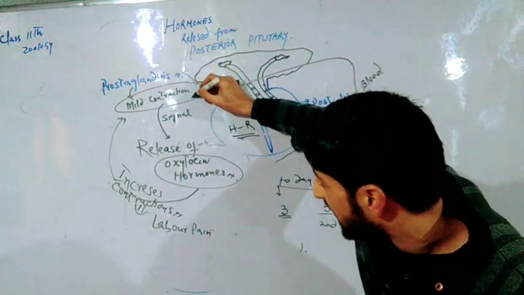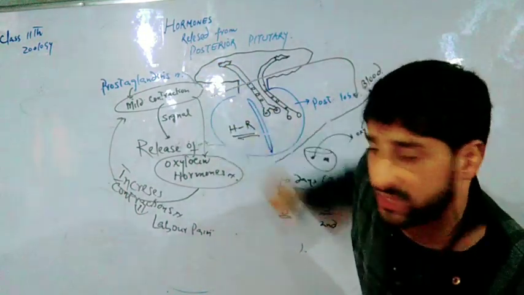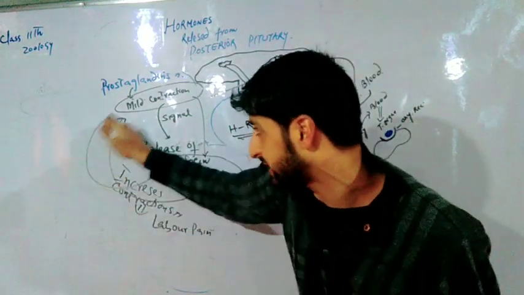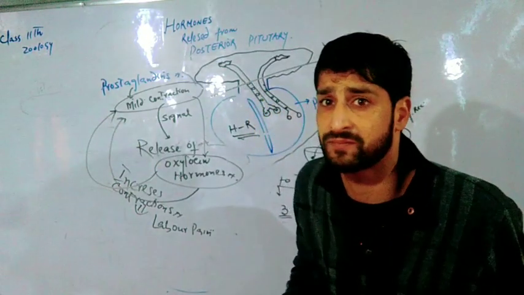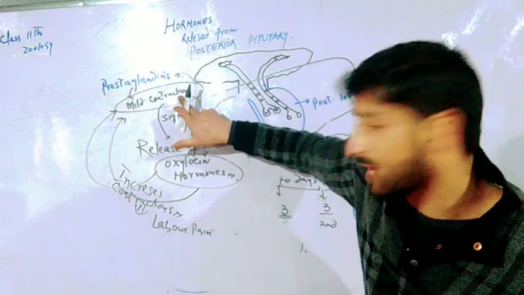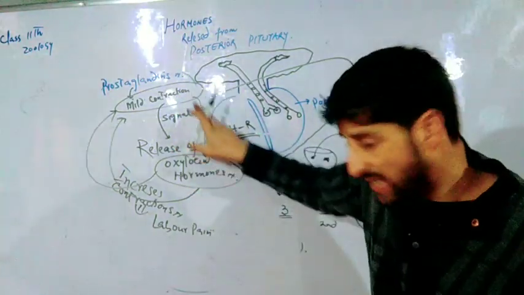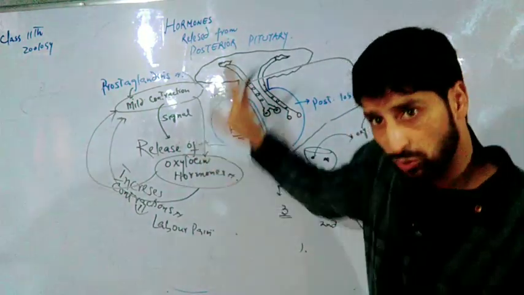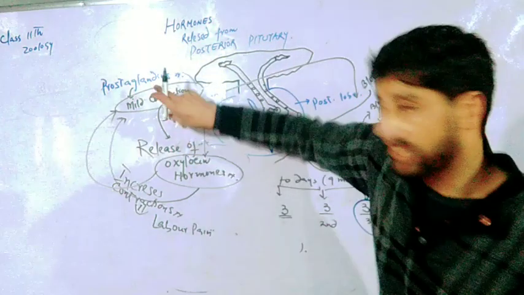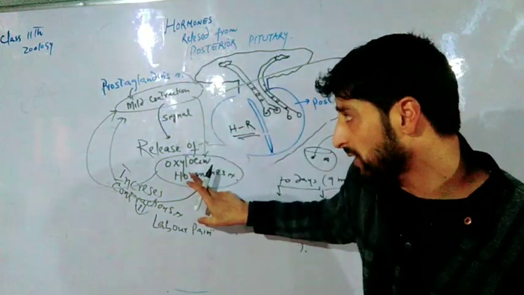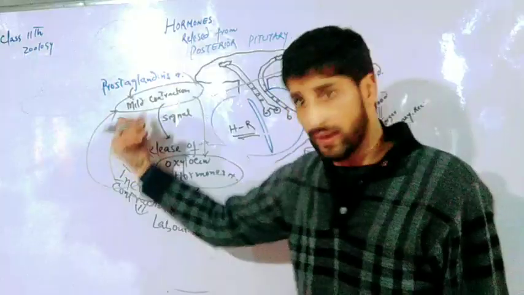What is the cause of release of oxytocin hormone? After it is released, this hormone intensifies that very cause. The cause of the release of the hormone is contractions. The cause of release of oxytocin was mild contractions of the uterus. अब जब ये हार्मोन निकला, इस हार्मोन ने उस cause को और इंक्रीज किया.